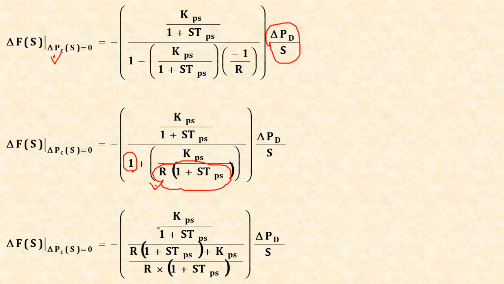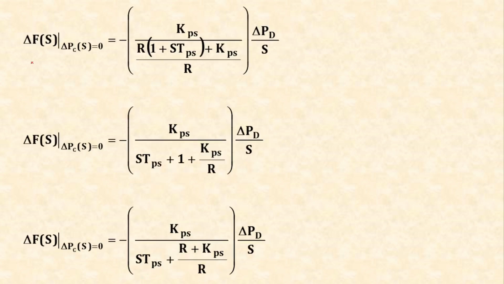So over here, this denominator of numerator and this denominator of denominator will get cancelled out. So the next step has only Kps in the numerator, and in the denominator there will be R into 1 plus S into Tps plus Kps upon R only, multiplied by delta PD into S and this minus sign.